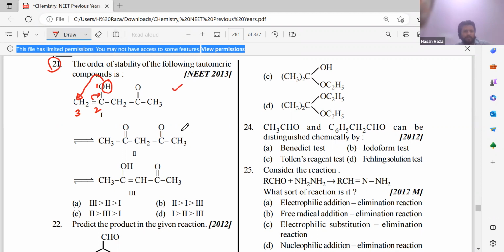Now the second one, wait a minute, is it missing? Just wait a minute, please. Okay, there are three compounds that are given. You need to tell me which one is more stable and you can do this.